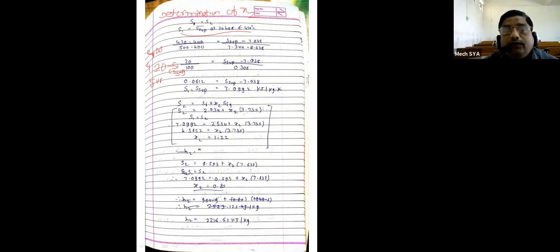We have to refer to table number 5 in the steam table. At 24 bar, 400 the value is 7.038, and at 500 it is 7.344. We have to record these two values from the steam table.